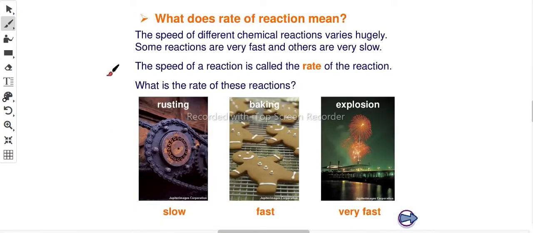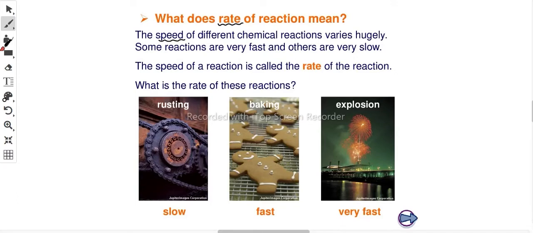So the first thing that we need to answer is, what does the rate of reaction mean? Talking about the rate of reaction, definitely we are considering the speed of this chemical reaction. So if we want the speed, we are talking about the time.